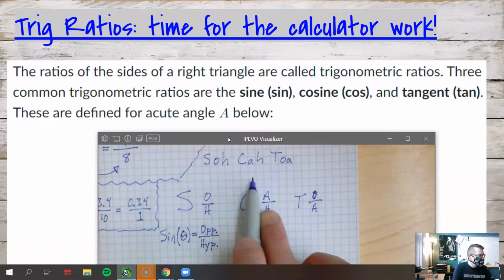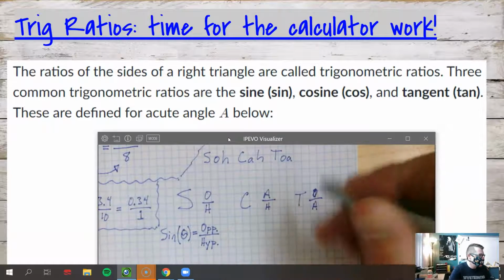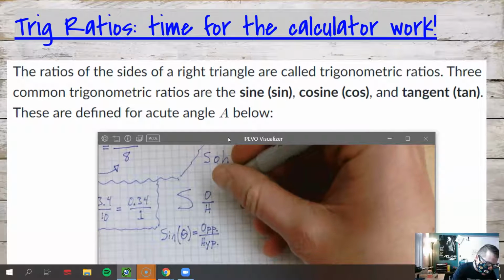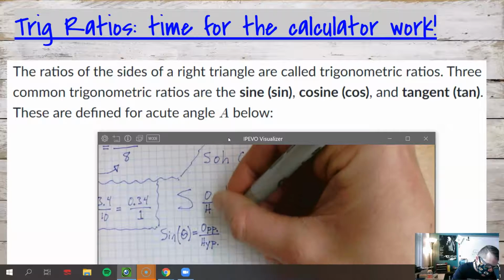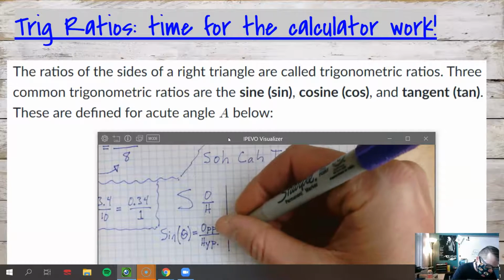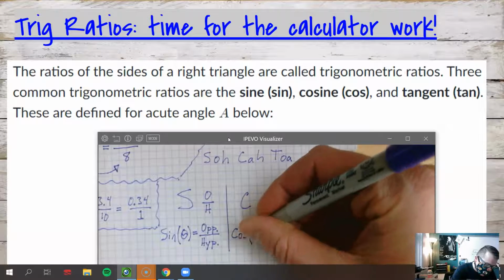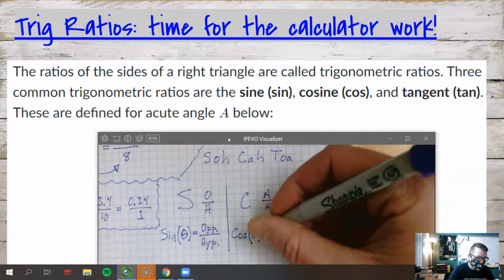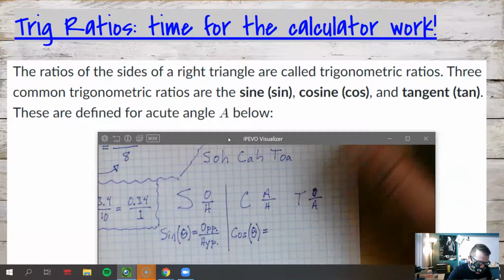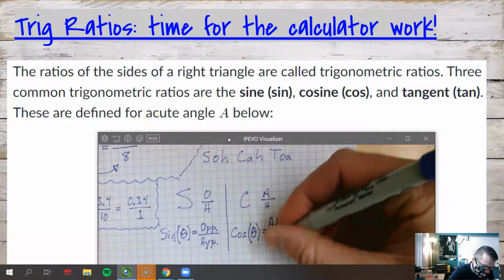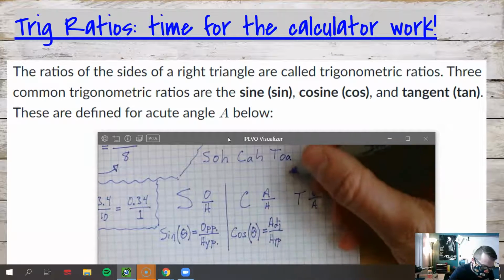Likewise, CAH, but this only makes sense if you can remember how to spell it correctly also. Ka is not just how they say car up in the Midwest, or like up in Maine and those areas. Ka means the cosine function in your calculator, when you plug in a reference angle, spits out the ratio adjacent over hypotenuse.